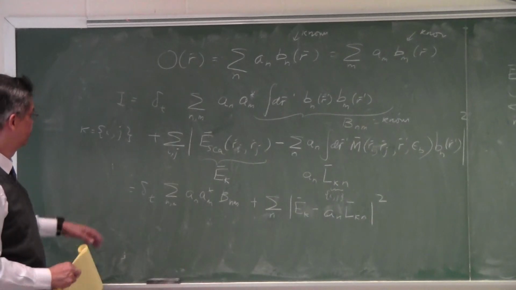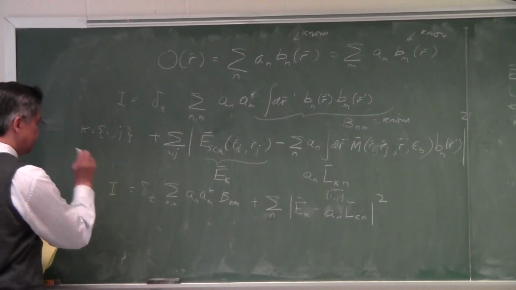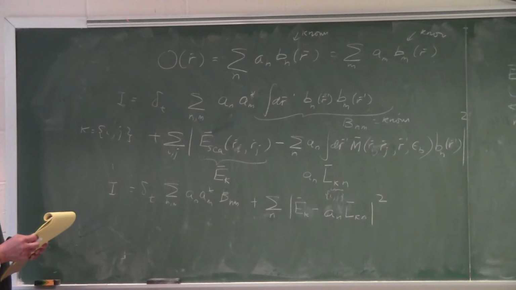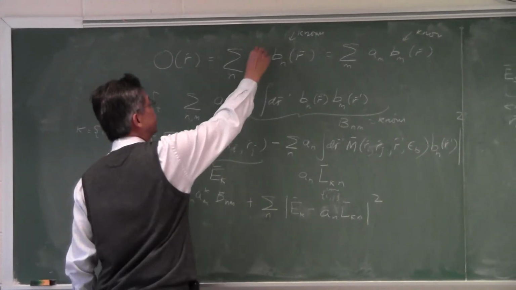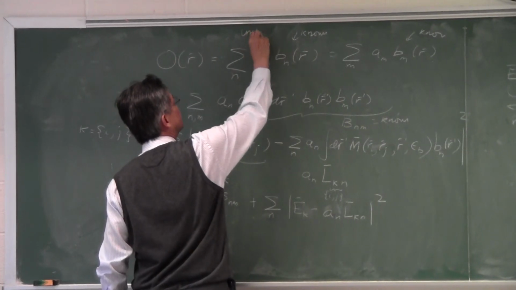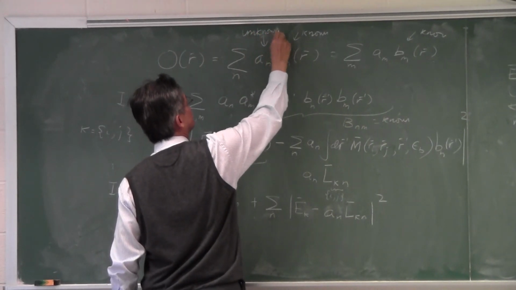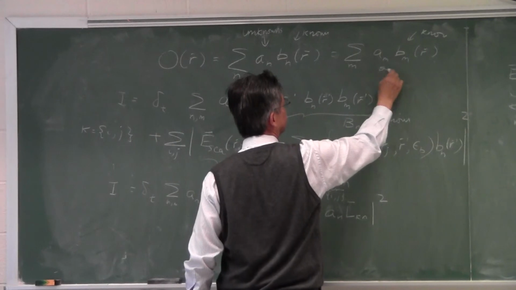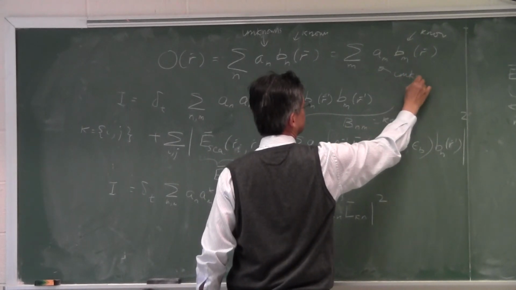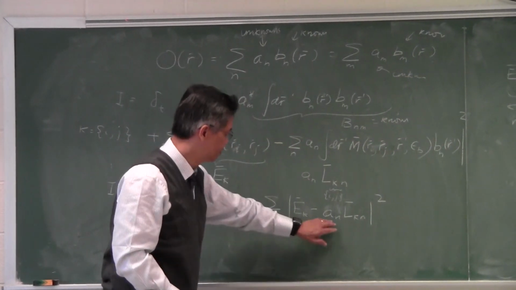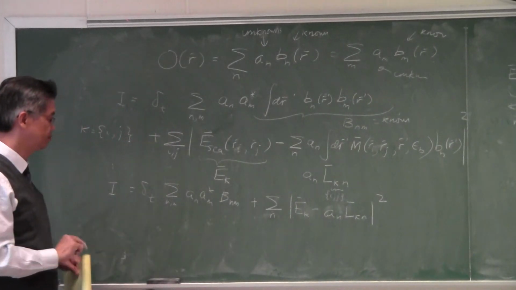So this is what this becomes. The function L just becomes that. And the unknowns are these. This is also an unknown. So the unknowns appear here as well as there.